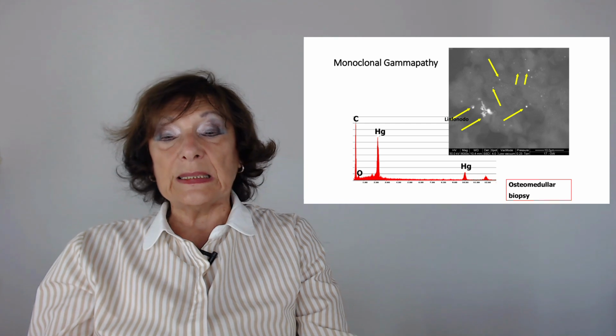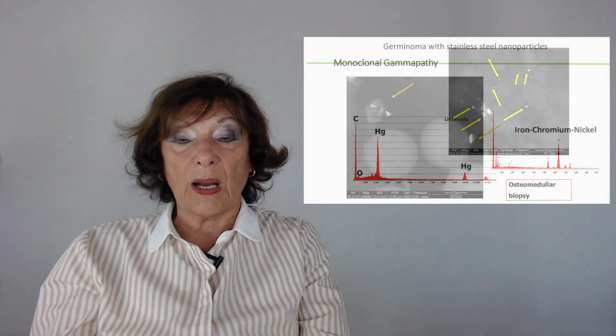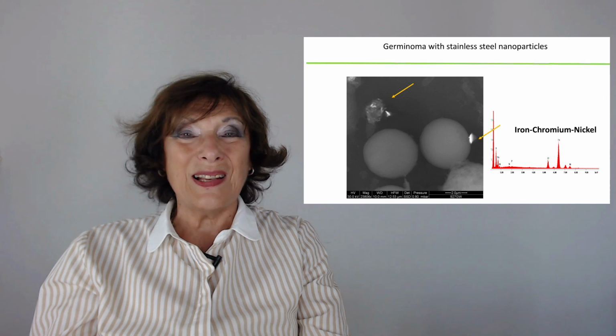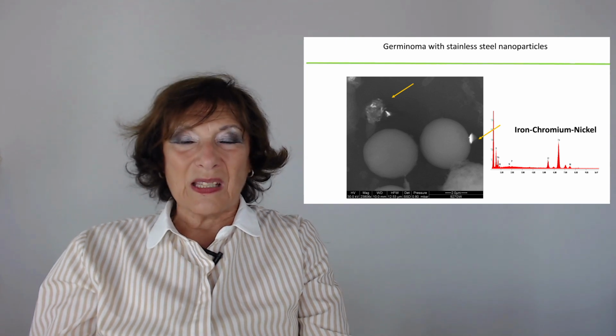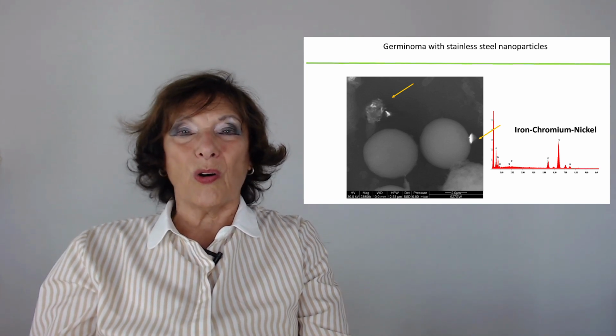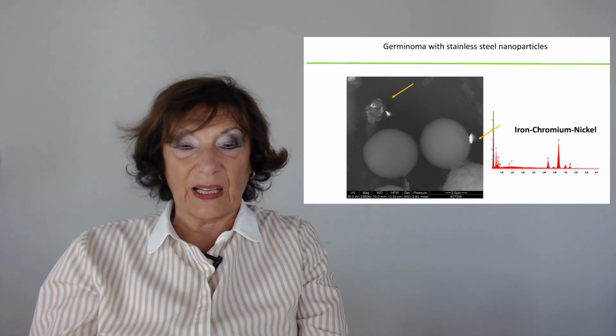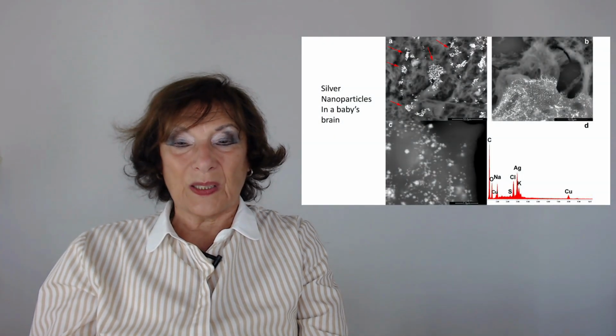We verified also germinoma that contained nanoparticles of stainless steel. It means particles of an alloy composed of iron, chromium, and nickel. In the case of babies, we verified the presence in the brain of silver nanoparticles.